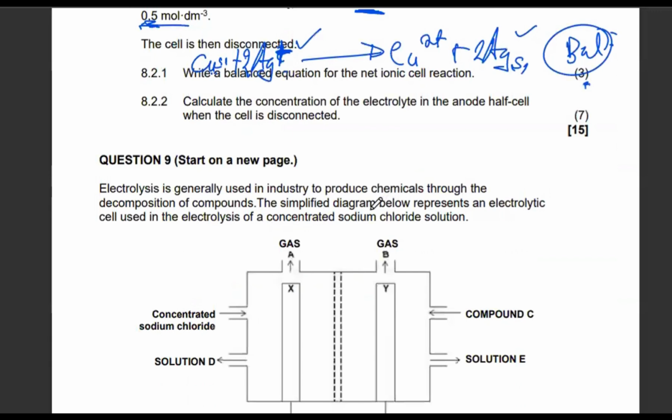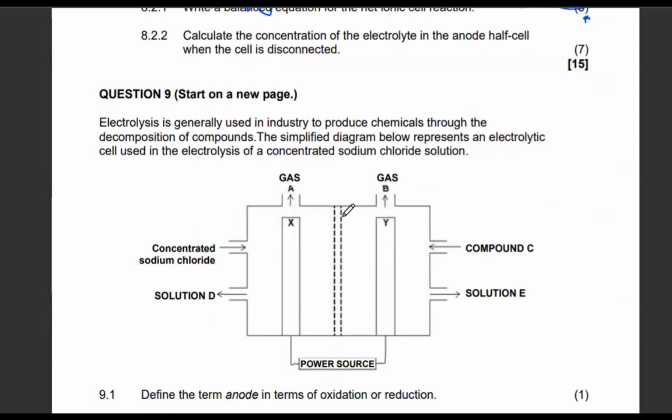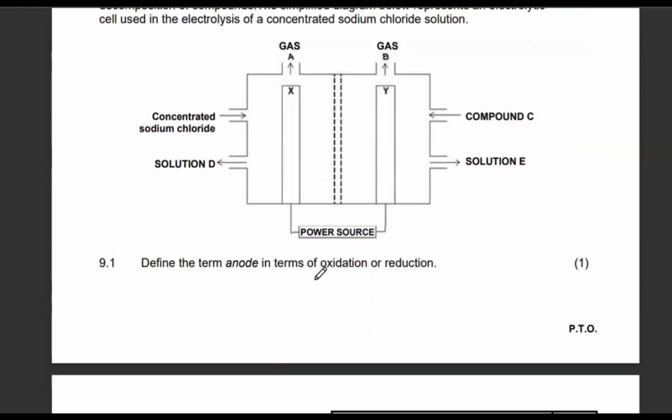Then the last question is about electrolysis, which is generally used in the industry to produce chemicals through decomposition of compounds. The simplified diagram below represents the electrolytic cell used in the electrolysis of concentrated sodium chloride solution. They're saying define the term anode in terms of oxidation or reduction.